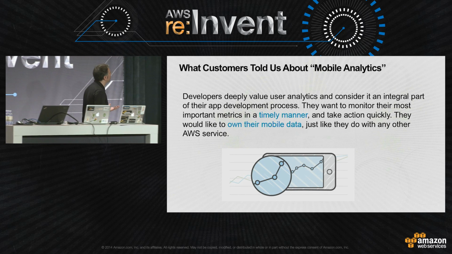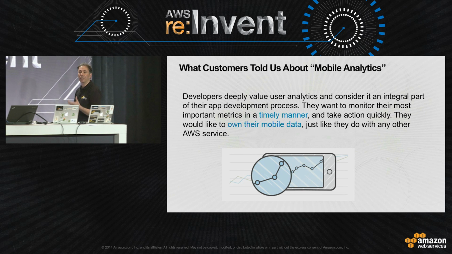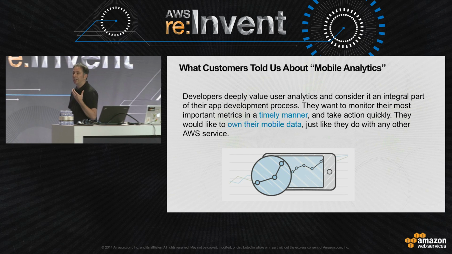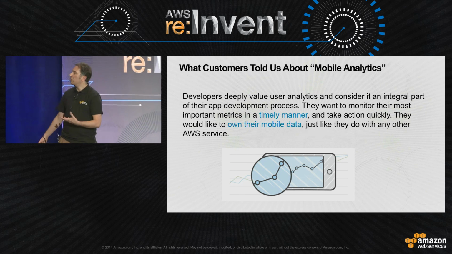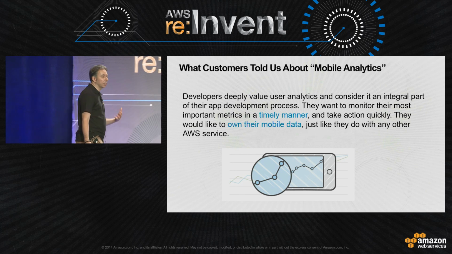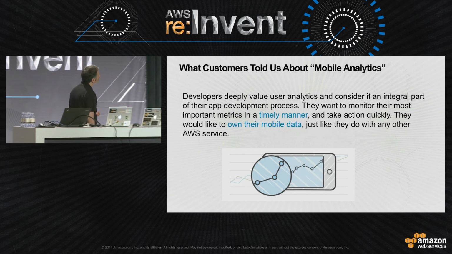What customers told us is that they want to know what the users are doing with their application. They want to know that very quickly. They want to know that as soon as possible so that they can react. And they also want to own the usage data, because this is important.